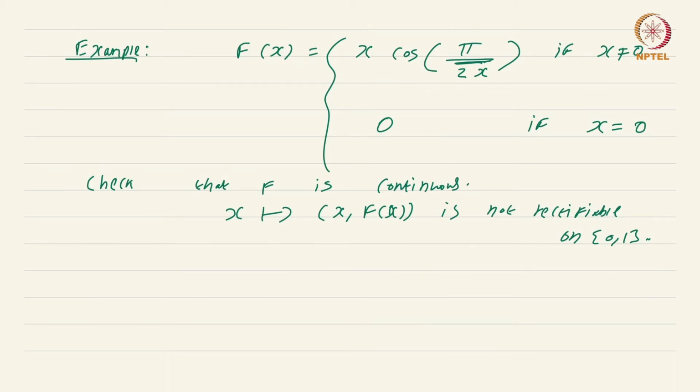To do this, consider the partition Pm, which is by definition the points 1 by k, such that 1 is less than or equal to k is less than or equal to 2m, along with the point 0. This will be a partition of 0, 1, and I'm going to try to find out how f behaves at these partition points.